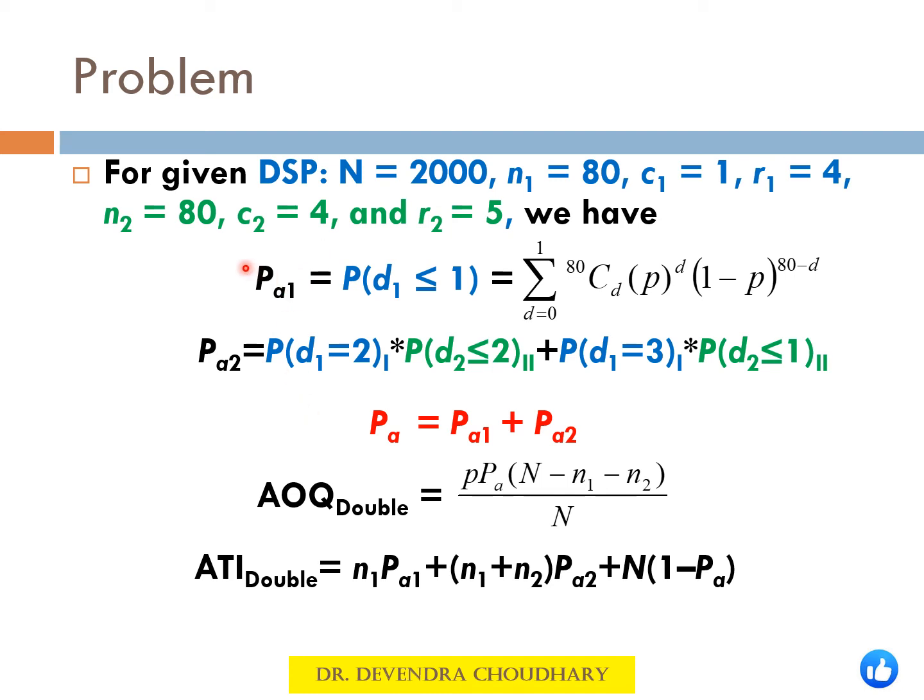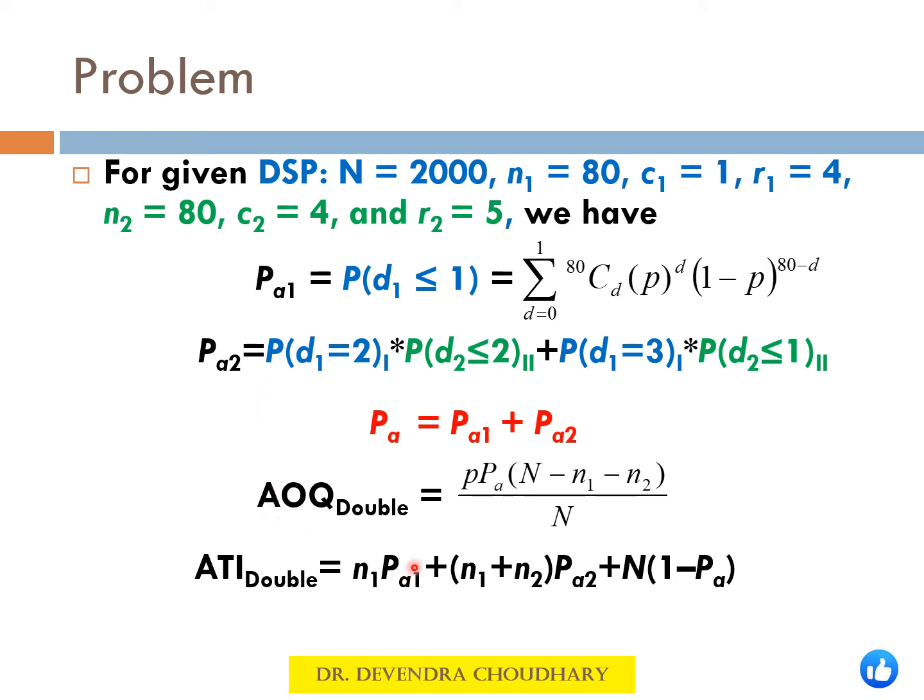So after finding probabilities of accepting after first sample and after second sample, when we add them, we get the probability of acceptance for a double sampling plan.